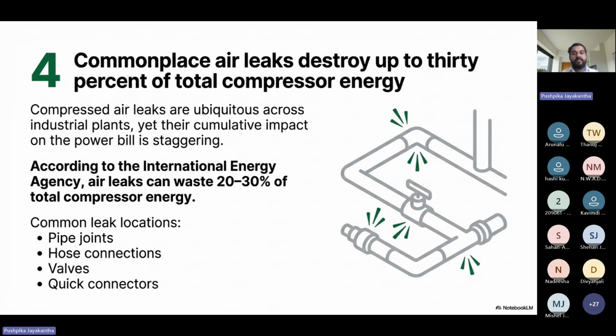Compressed air leaks are one of the largest sources of energy loss in industrial plants. These losses can happen due to pipe joints, hose connections, valves, quick connectors, fittings, and couplings. Because the compressed air system operates continuously, even a small leak can result in significant energy losses.